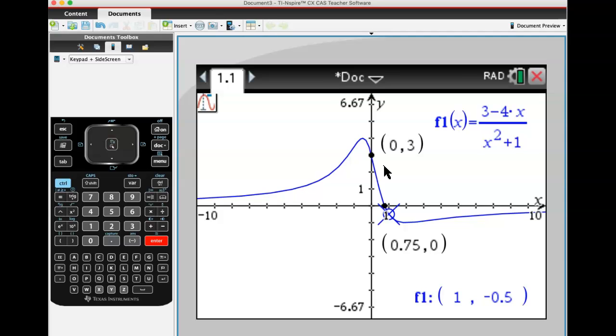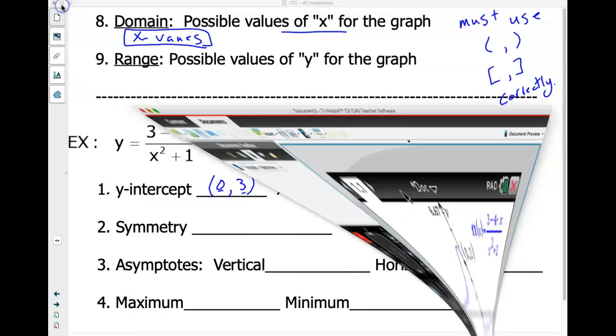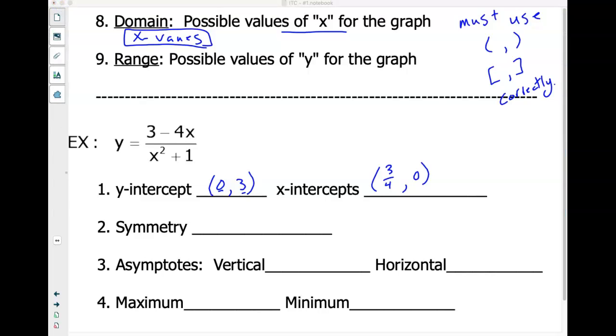Trace where -1 is. If you put -1 in and connected those dots, is that going to go through the origin? The answer is no, it does not have origin symmetry. Okay, so none. I'd write none.